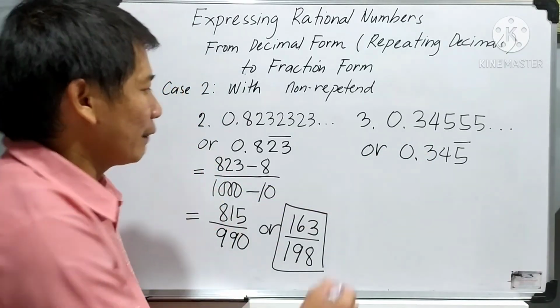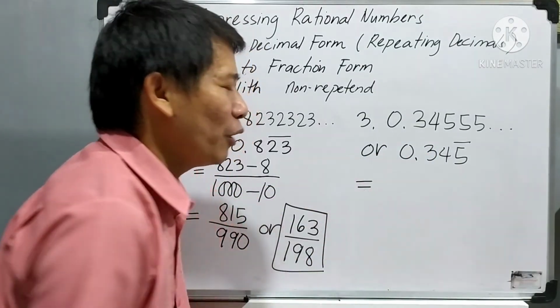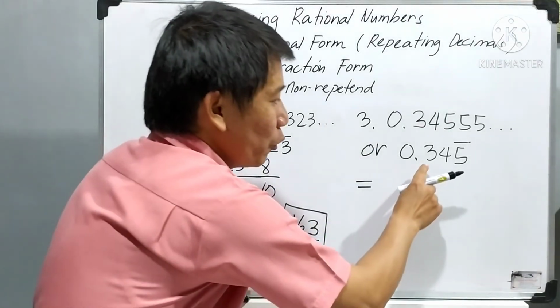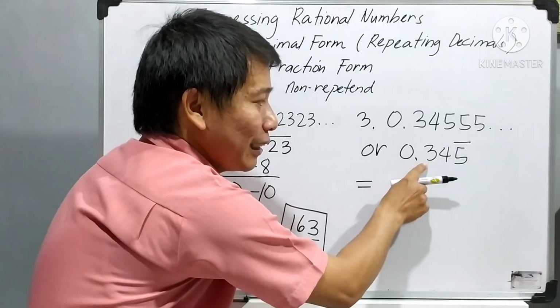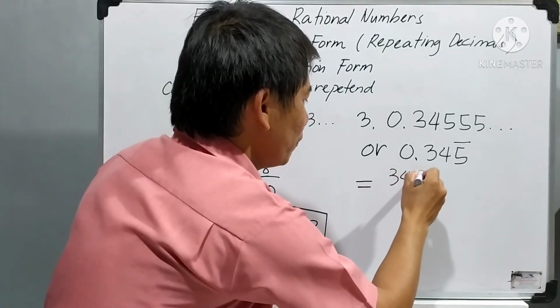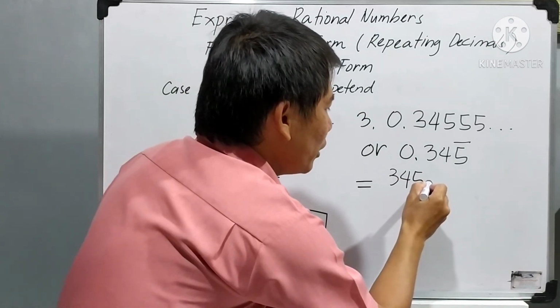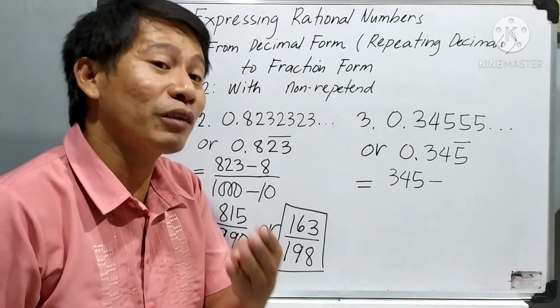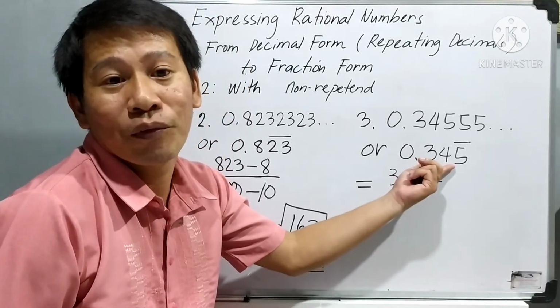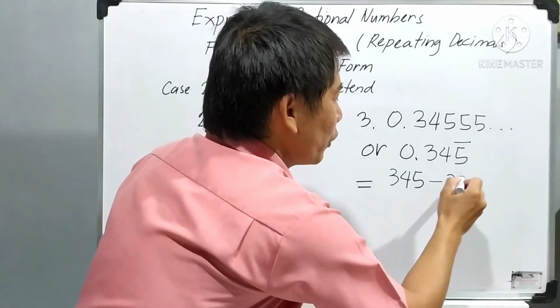So let's express it as a fraction. What are our tricks? What is our shortcut? For the numerator, the whole number, so this one, 345, we subtract the non-repeating digits, which is 34.